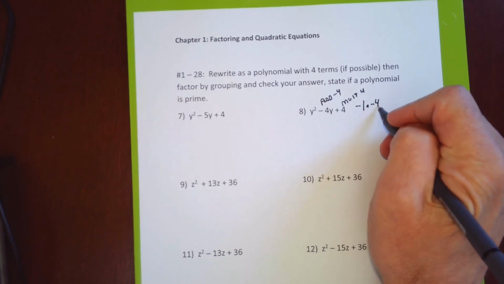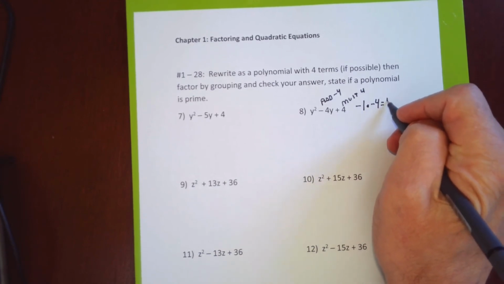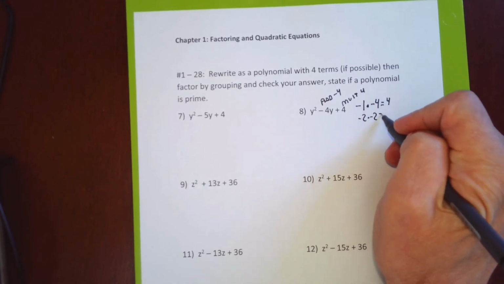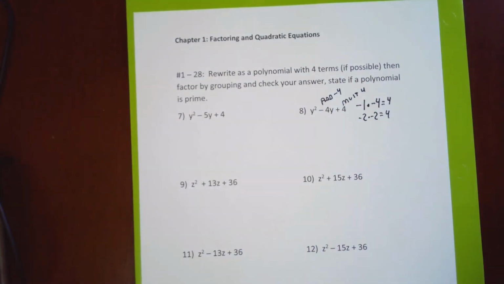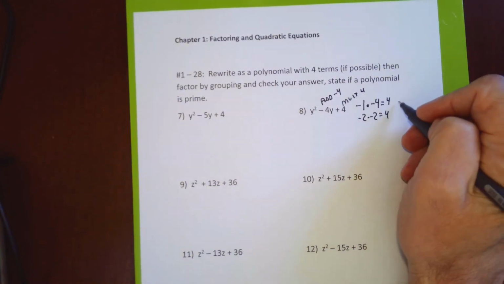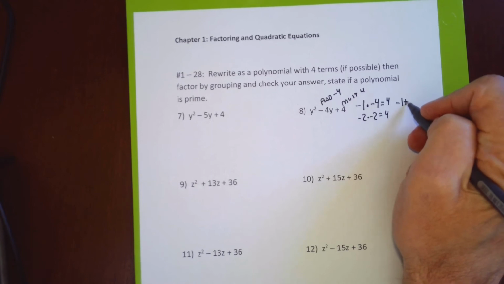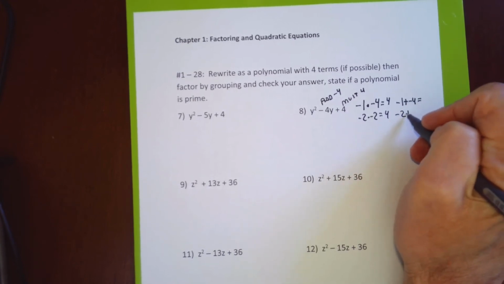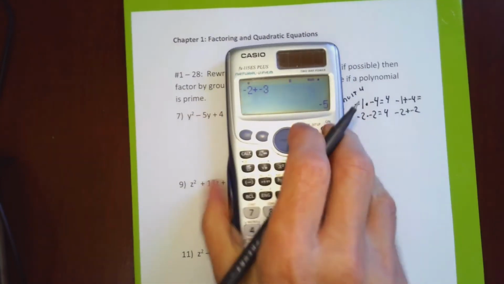Negative 1 times negative 4 multiplies to be positive 4. Negative 2 times negative 2 multiplies to be positive 4. So those fit the multiplying, and now I'm going to add them. I'm going to do negative 1 plus negative 4, and I'm going to do negative 2 plus negative 2.